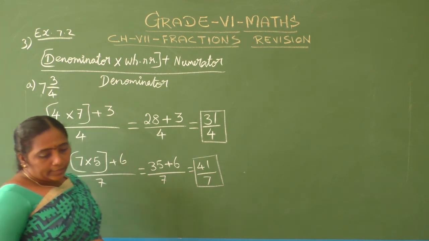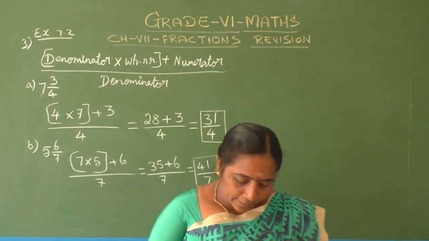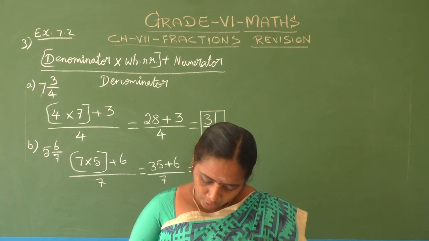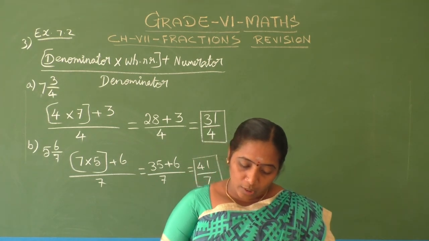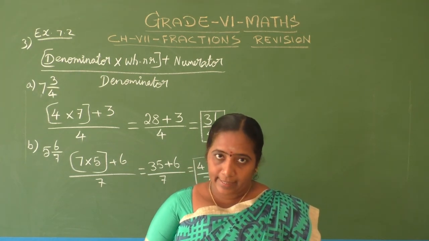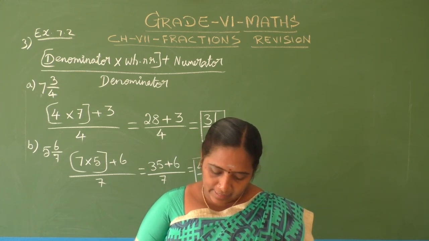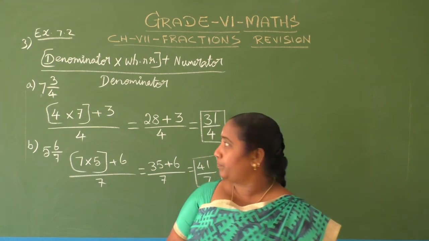Okay. In this third Roman, they gave many sums. I worked out 2 sums here. The remaining sums you can utilize for your practice. Okay, then we can go to the next exercise, 7.3.